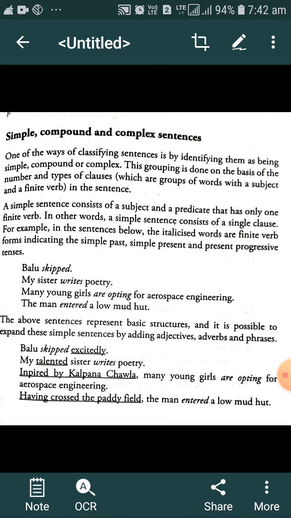We can expand the basic structure by adding an adverb. In such ways we can expand the basic structure of a simple sentence. But the first and last thing to keep in mind is that a simple sentence consists of only one finite verb and one subject. Okay, the remaining portion we will discuss in the next video. Thank you.